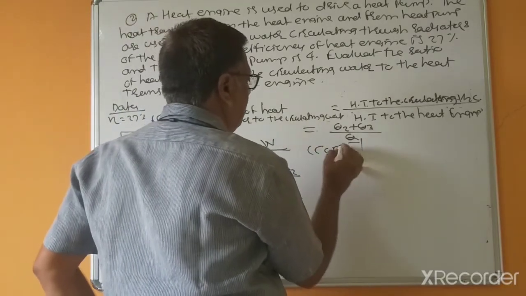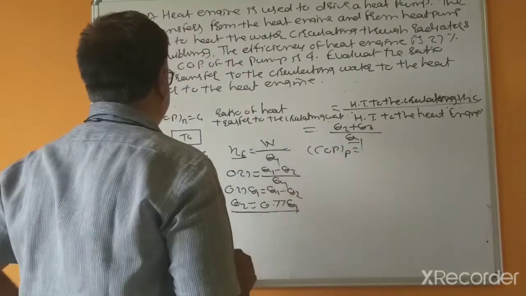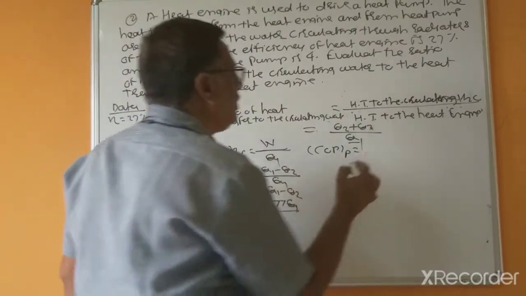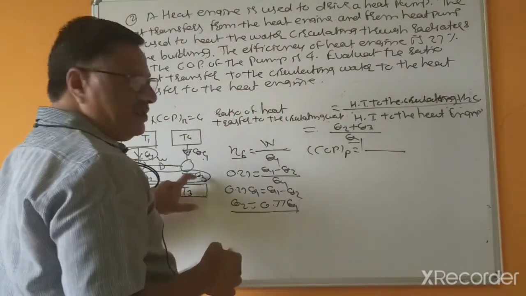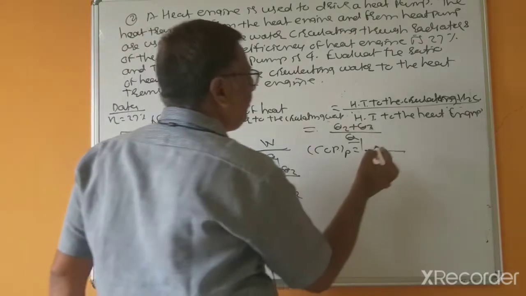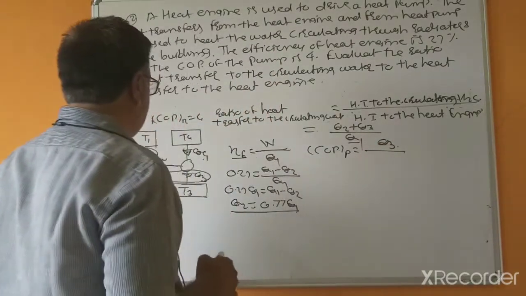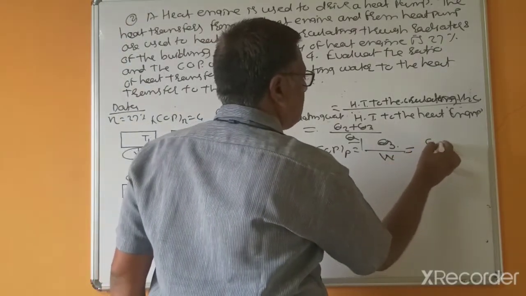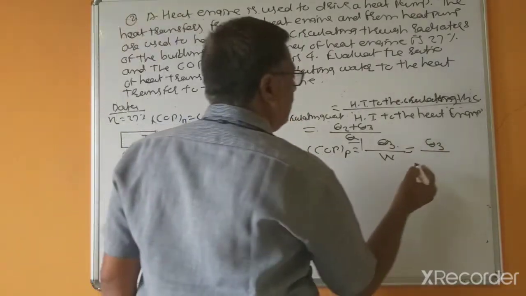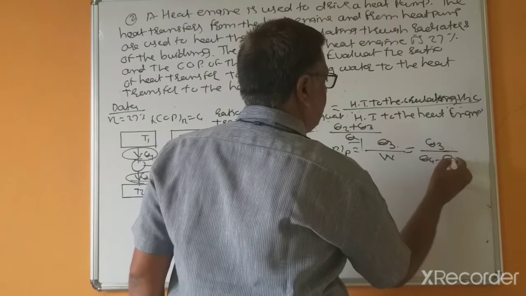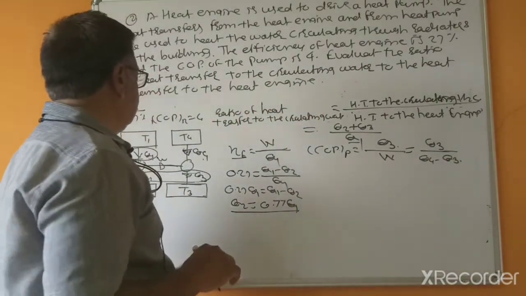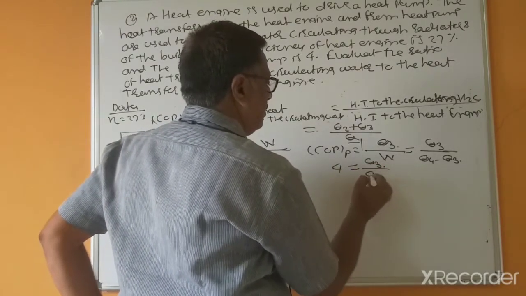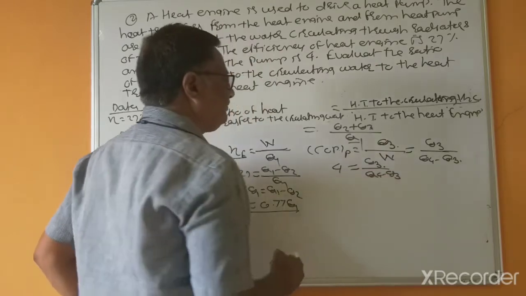Similarly, COP of the pump equals, now this is the COP of the pump. What is the output? The desired output for the pump is Q3, and the input is work W. So the COP, 4, equals Q3 divided by W, where W is Q4 minus Q3.